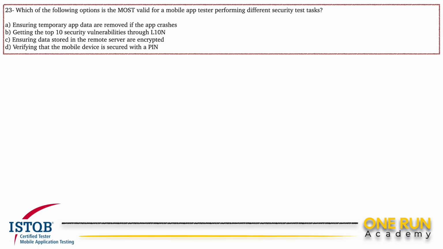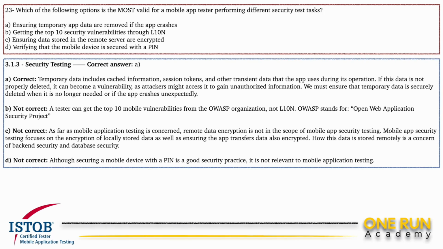Now, let's dive into the options and understand why each one is correct or not. Looking at option A, ensuring temporary app data are removed if the app crashes. First, let's understand what temporary data is all about. Temporary data includes cached information, session tokens, and other transient data that the app uses during its operation.